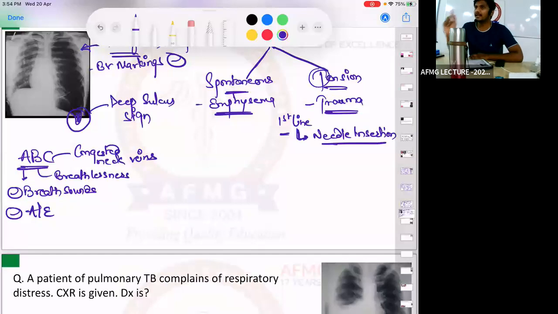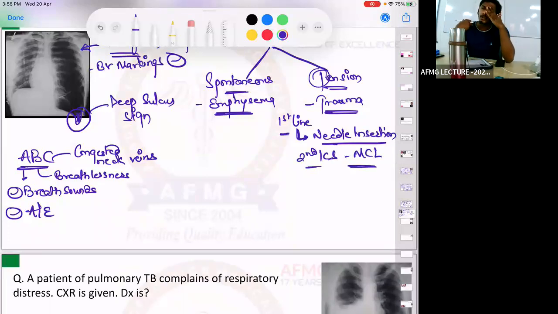Harrison still says second intercostal space, mid clavicular line. If ATLS is mentioned, then only go to the fifth intercostal space. Since the question is from medicine, prefer medicine. So needle insertion is in the second intercostal space, mid clavicular line.